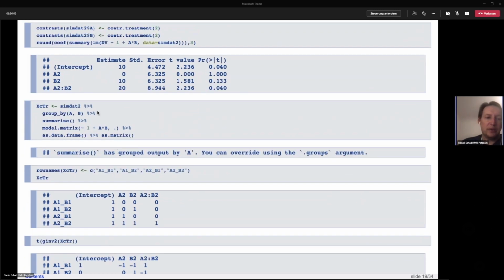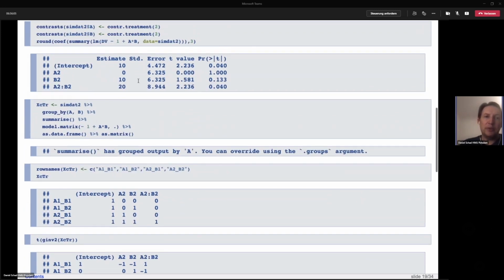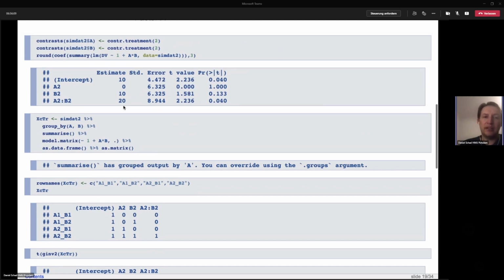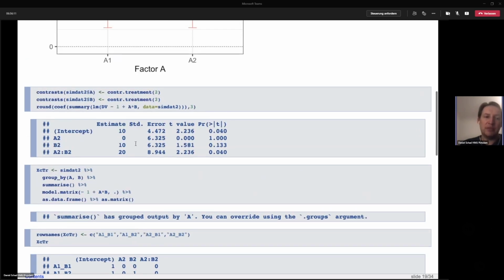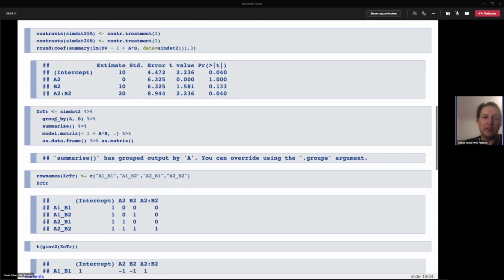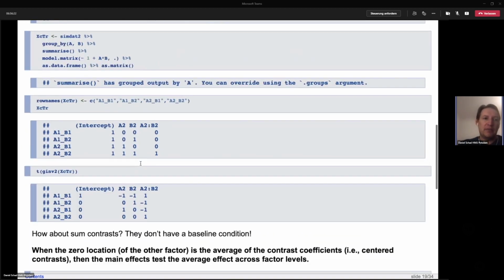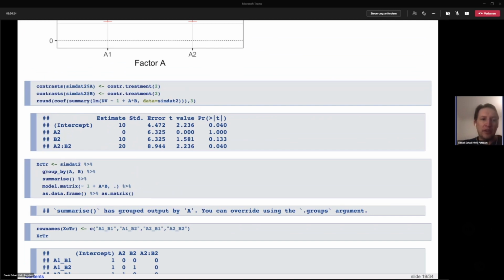Okay, we can also use the generalized inverse to see what these contrasts actually measure. So I showed you by comparing the estimates to the figure, but we can also extract the contrast matrix, assuming a four-level contrast. This code first summarizes the data such that each factor level just comes up once.